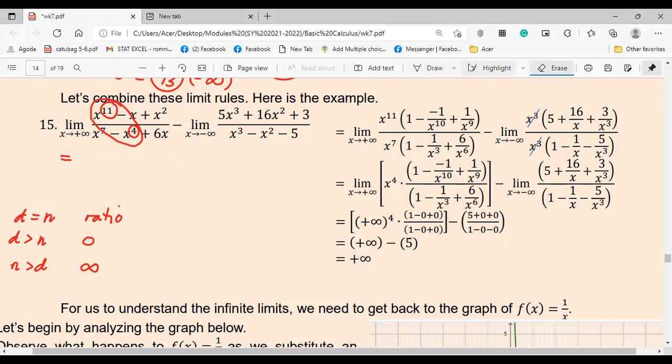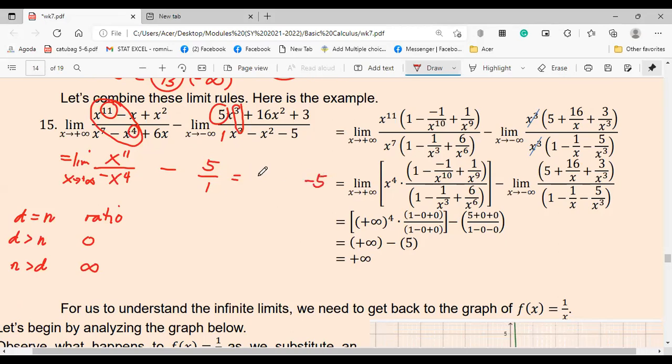Positive x raised to 11 divided by a negative x raised to 4. Yan siya. Minus. Okay? This one is limit as x approaches positive infinity. Ito naman, they are the same. So, ratio. 5 divided by 1. Yeah, 5 over 1. Now, to continue, okay, you now have negative 5.